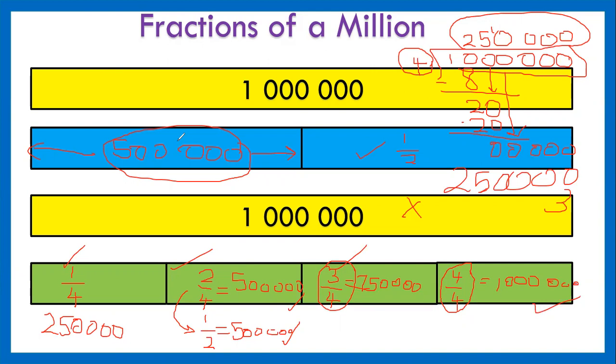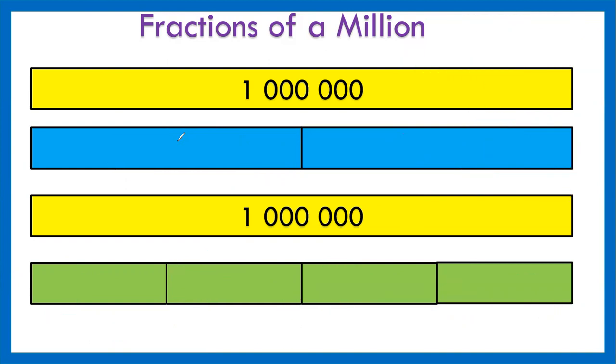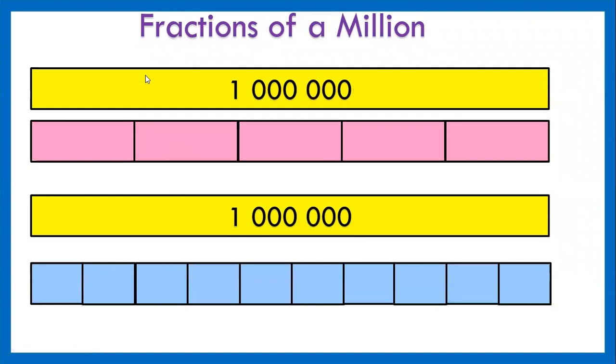However, there are a couple of other fractions that you will need to know. Okay? So let's move on to the next slide, in which we have 1 million divided into, earlier we saw it divided into 2 parts and then 4 parts, but now this 1 million is divided into 5 parts.